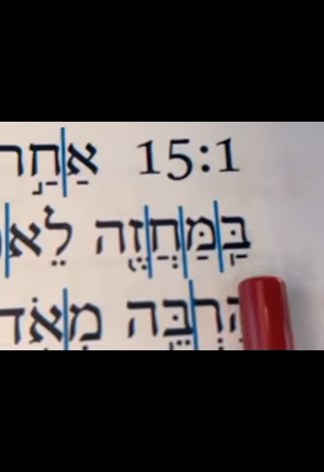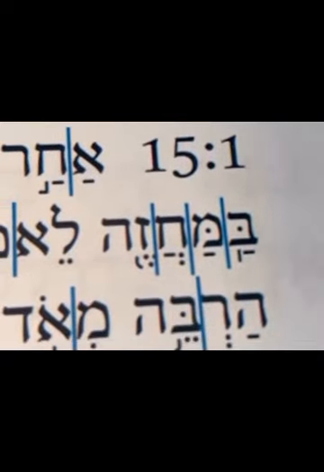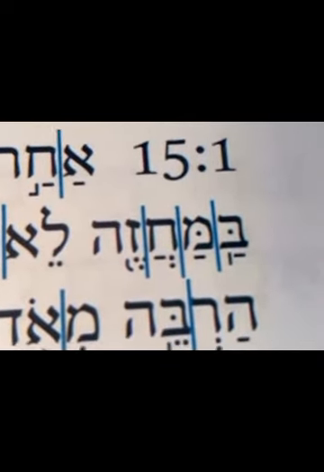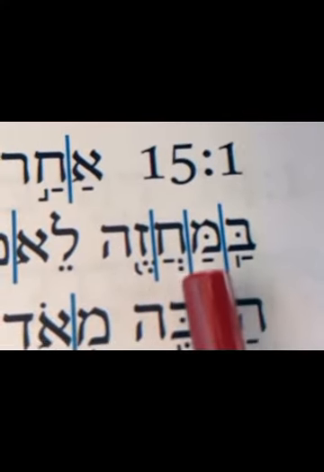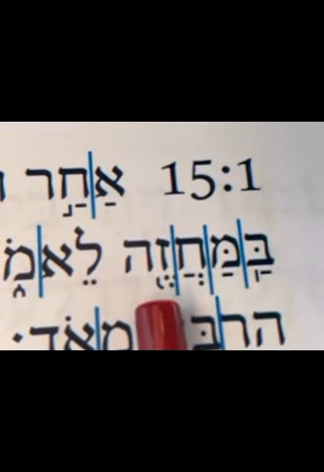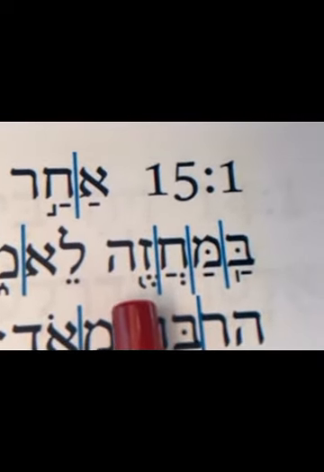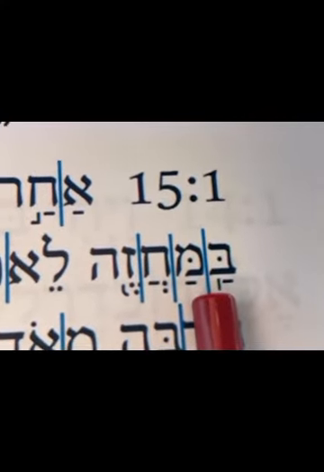So we've got a larger word here. B'machazeh. Open, open, open, closed. A four-syllable word. We've got a patach with a meteg.